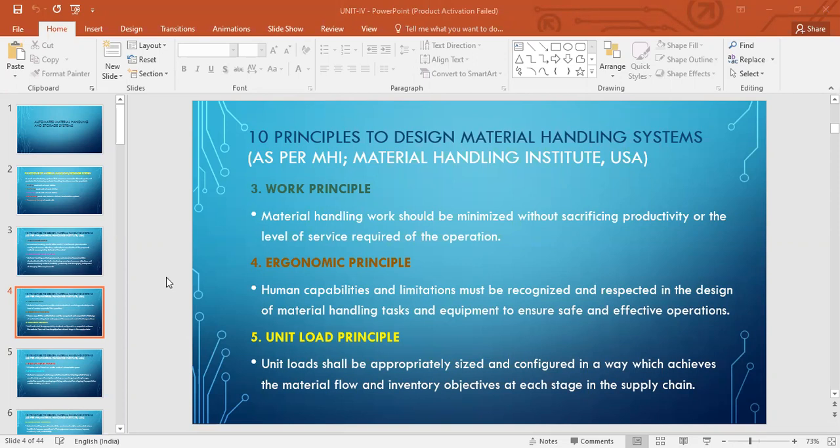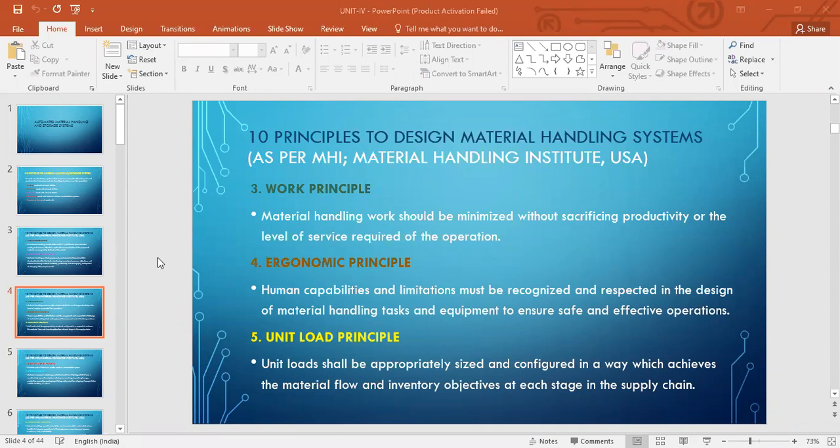For example, the accessibility. When you're trying to design that system, if you make it very big and not accessible, then that loses the purpose, right? So it should be taken into account, not just human factors, but also the machine factors.